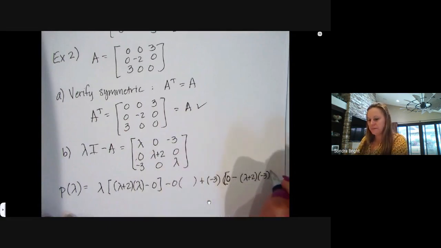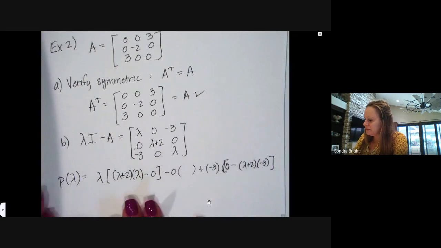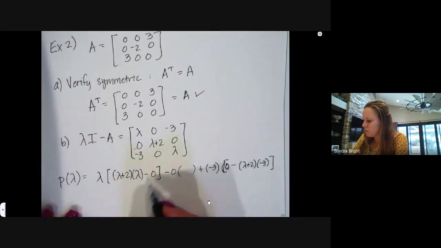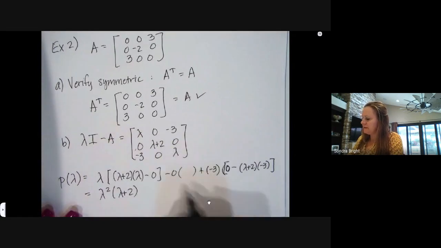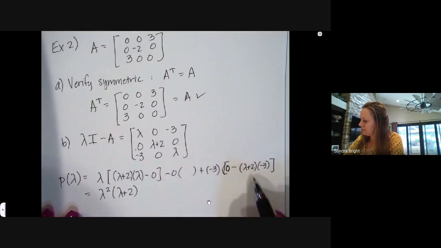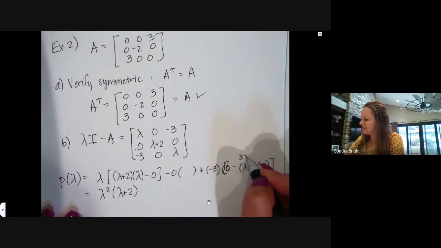All right, so what have I got here? First guy, that's a lambda squared times a lambda plus 2. Then I've got a +3 lambda plus 6, just for this part.